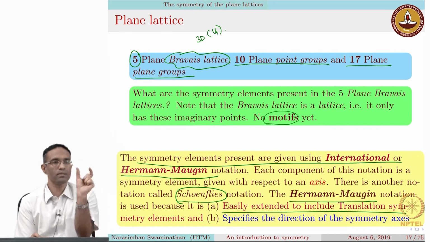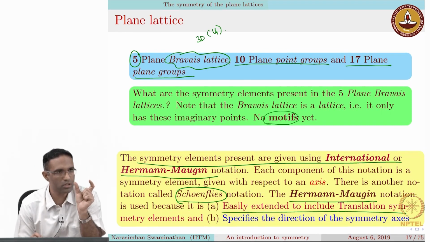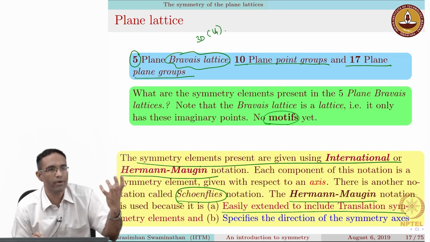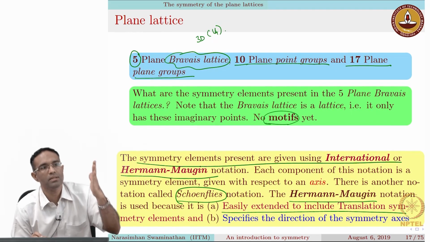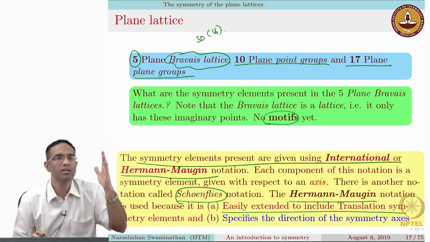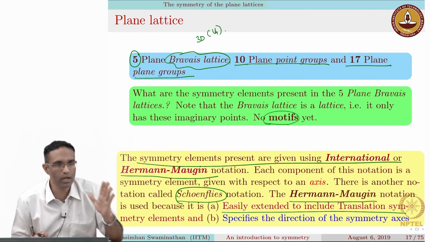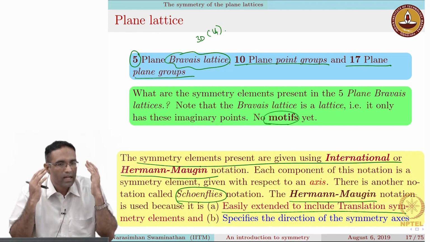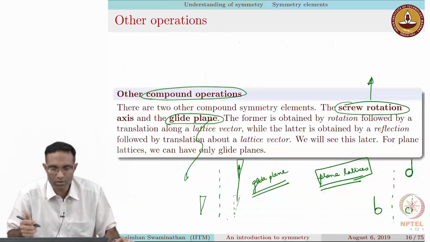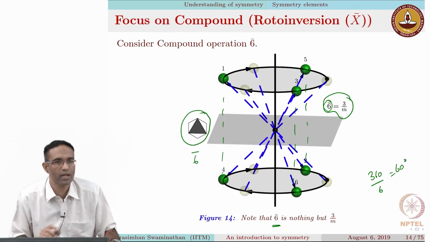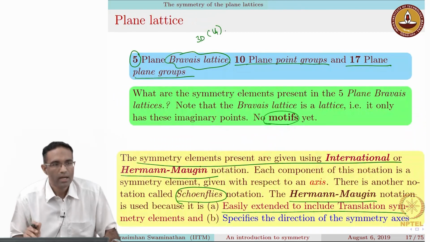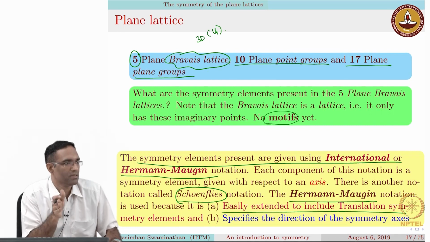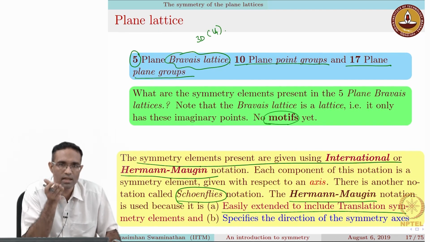And once you look at the Hermann Mauguin symbol corresponding to a specific crystal, you will easily be able to identify with respect to what axis the various symmetry elements are placed. While I talk about symmetry like a mirror and rotation axis, right now, although you understand what it means to apply a mirror using these simple structures, when I give you a complicated crystal, it may not be clear where the mirror is actually placed, where the rotation axis is actually existing.